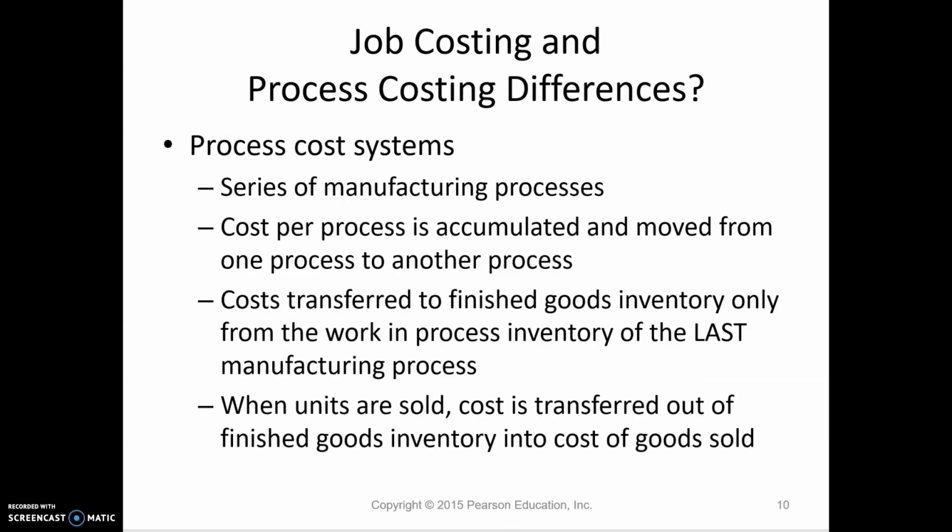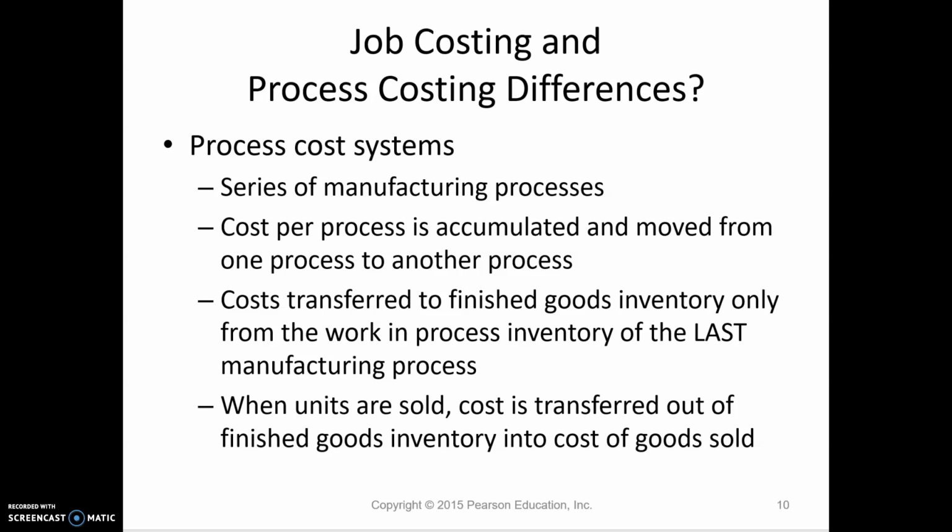Process costing, we're looking at the cost for a series of manufacturing processes. And so the cost of the units in one process go with the units when they move to the next process.